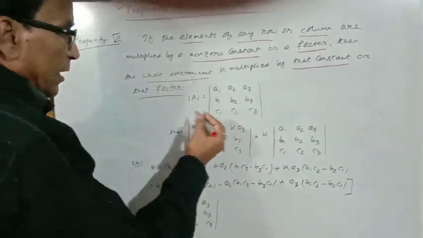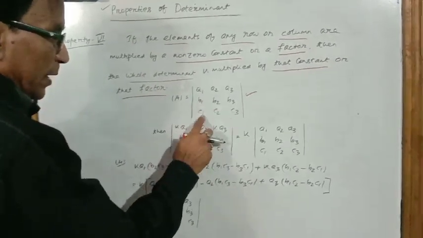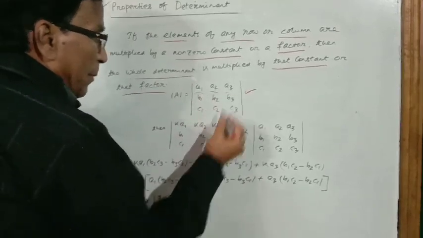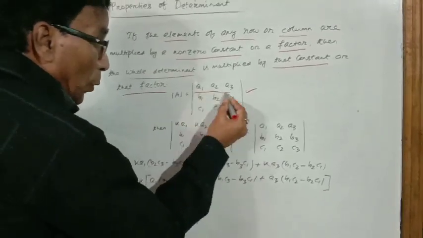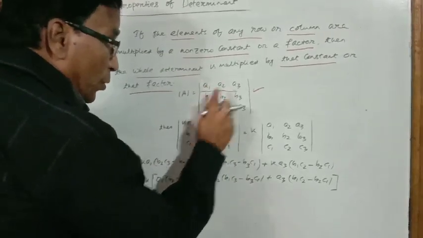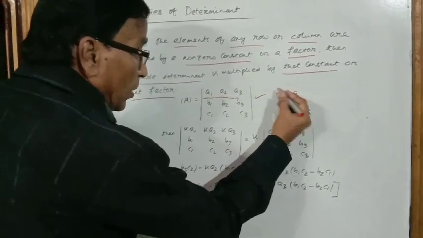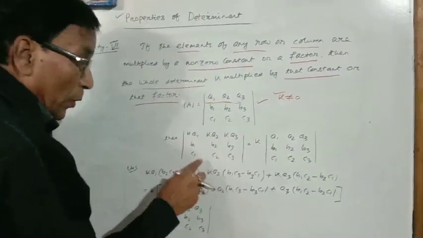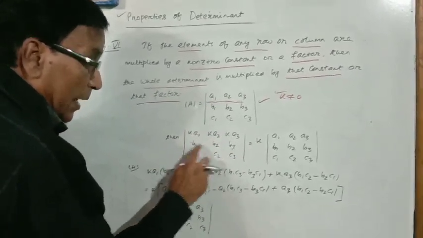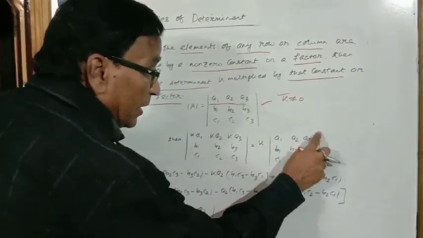That means here you see, if we take a determinant A, it is A1, A2, A3, B1, B2, B3, C1, C2, C3. If we multiply every element of the first row by a non-zero constant k, k should not be 0, then this determinant is equal to k times the original determinant.